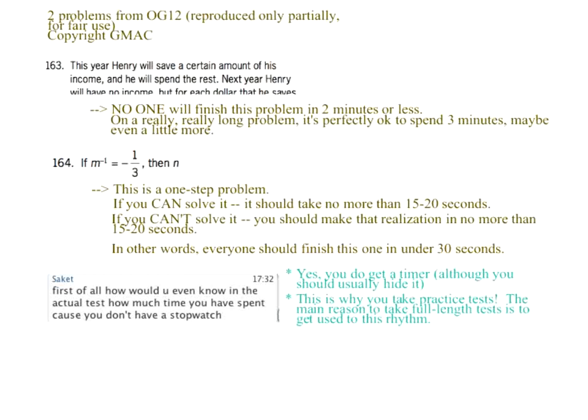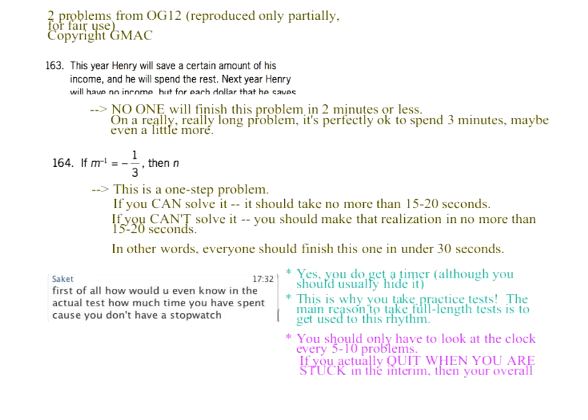And the most important observation to make here is you should only have to look at the clock every like 5 to 10 problems. If you actually quit when you are stuck in the interim, then your overall timing will be fine.